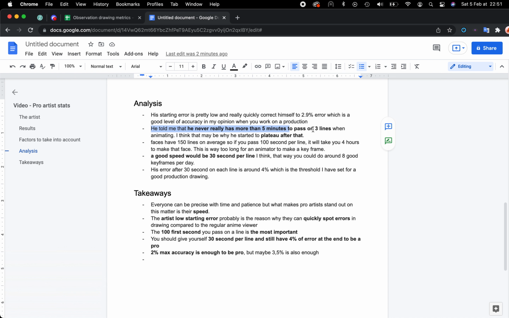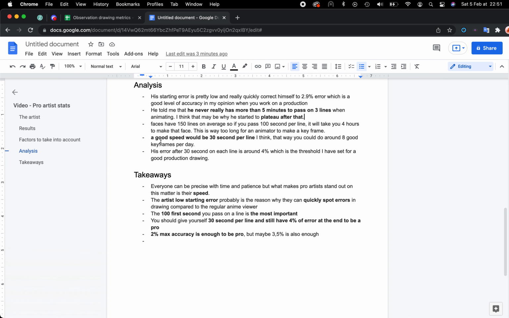We did the calculation, and he really doesn't spend that much time on his drawings because he has to do a lot of them. That's why I think he plateaus really quickly after the first minute. His drawing doesn't really improve because usually he doesn't spend more than that on each line, which makes sense because he will never be paid if he spends 20 minutes on 3 lines.